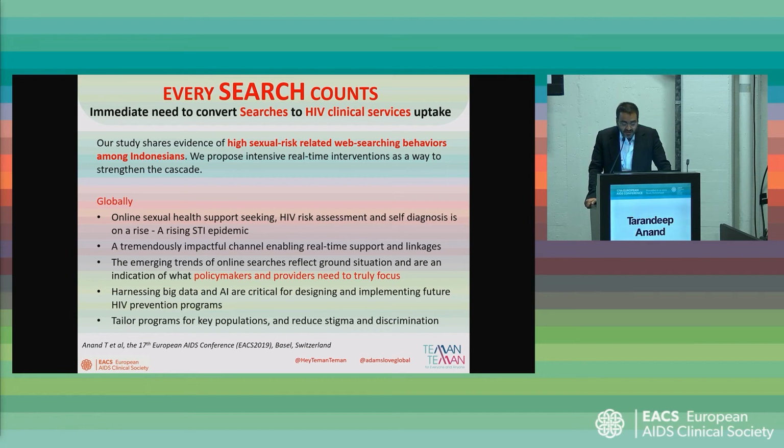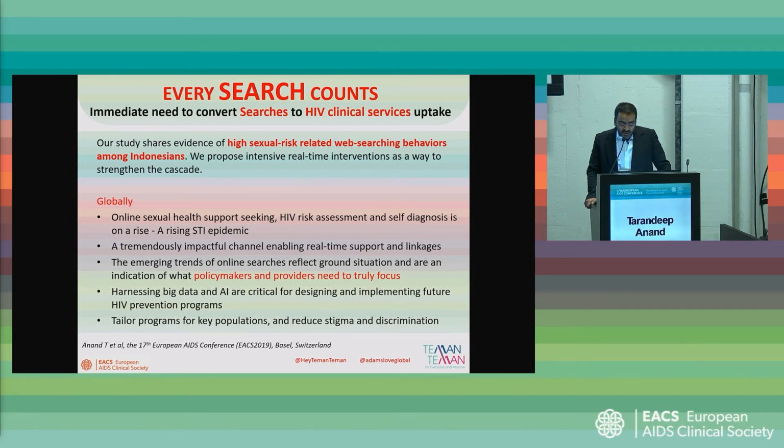And as we see globally, online sexual health support-seeking pattern is on a rise. And there's a rise in STI epidemic, which we see from these patterns. And we have a tremendously impactful channel which can help us enable real-time linkages if we can identify these people.